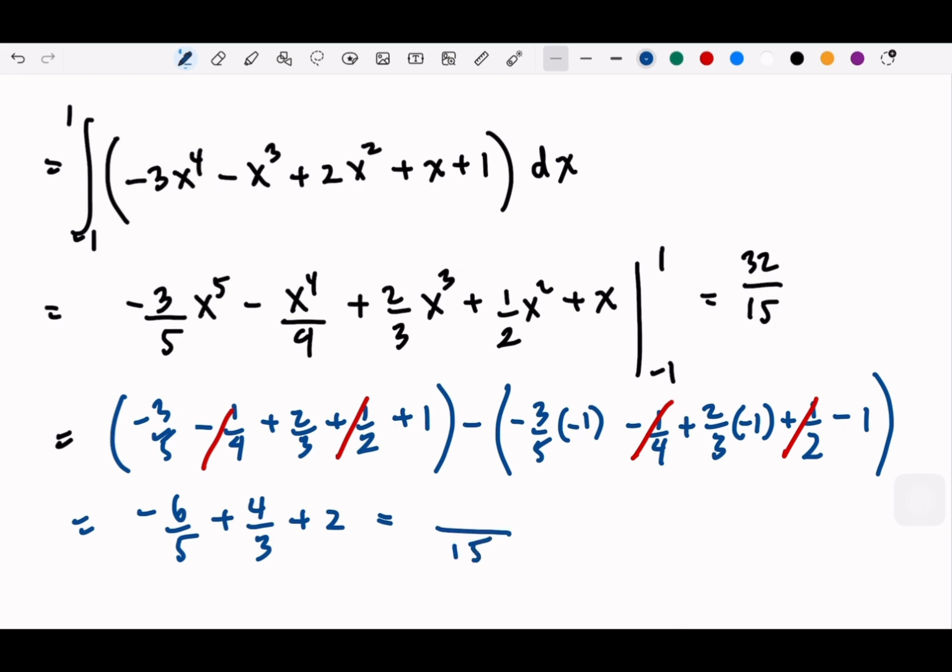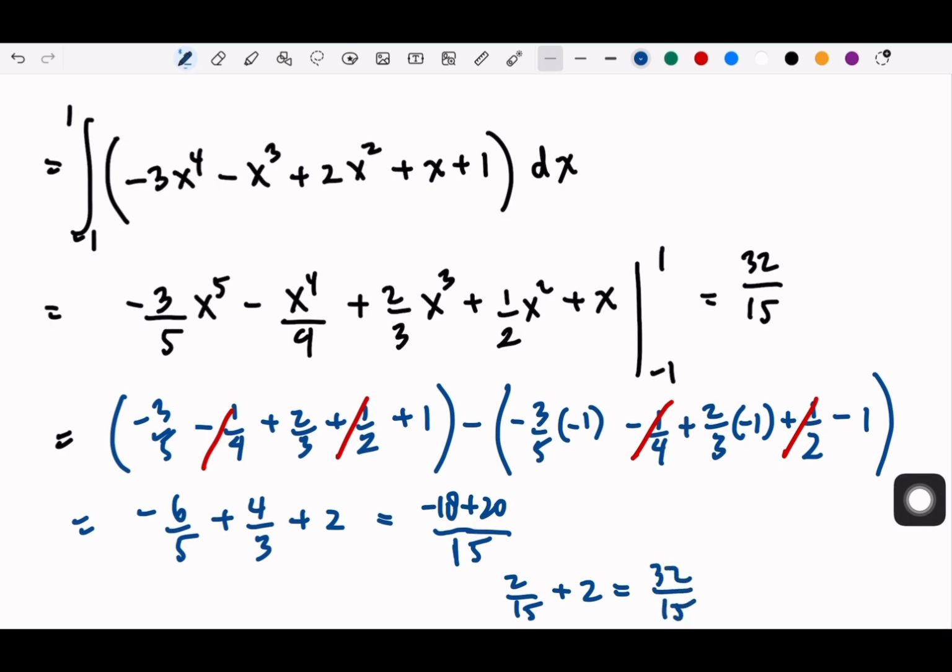So this will be negative 18 as 20. So negative 2 over 15 plus 2. This will be 30. So 30 over 15, so 30 over 15, yes. Okay.